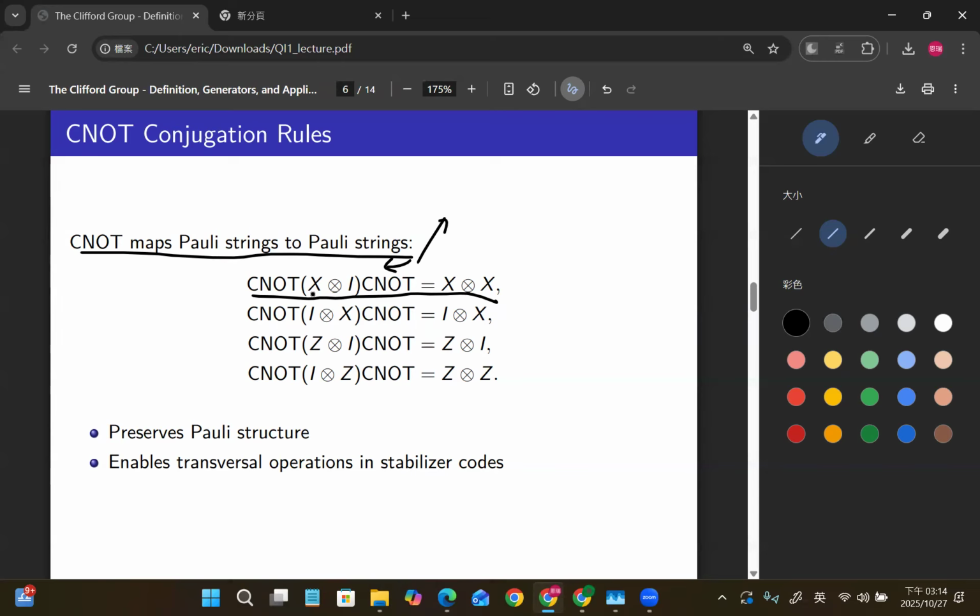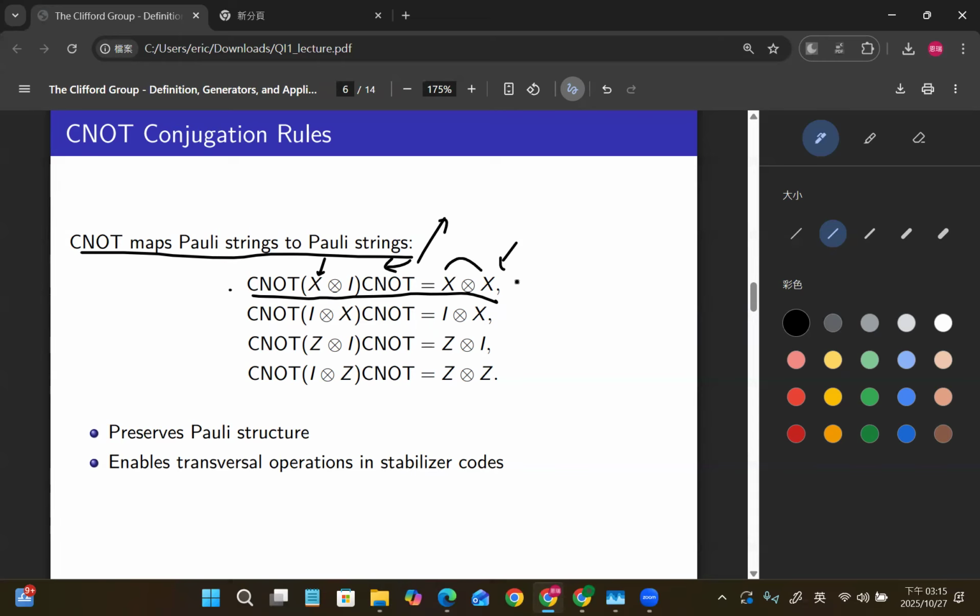So simply speaking, if an X comes in on the first bit, the second bit will flip. Mathematically, if there's a flip on the first bit in X, the second bit should flip, which maps to X tensor X.